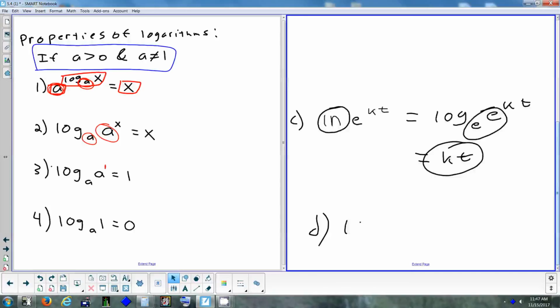How about log base 12 of 1? What would be the answer to that? 0. That's rule 4. Okay. So any question on those properties? So those are properties that you don't really do much work, you just look for a special pattern and then follow the pattern and it tells you what the answer is.